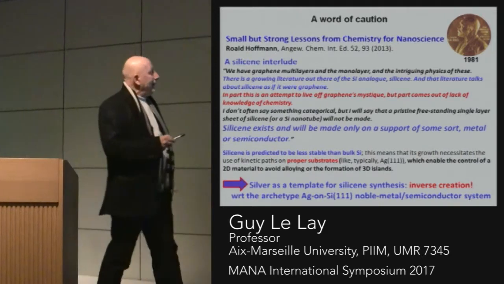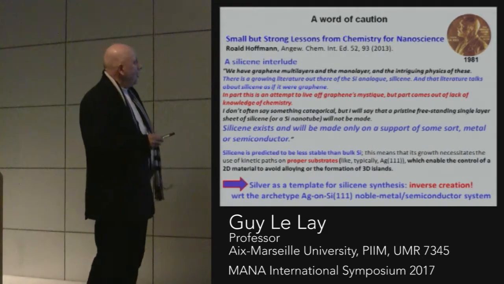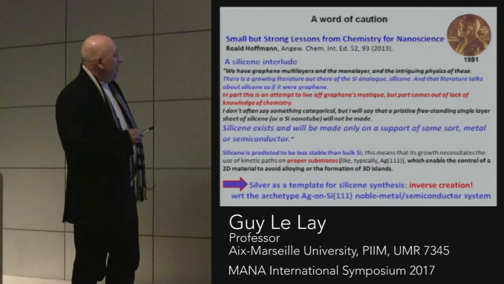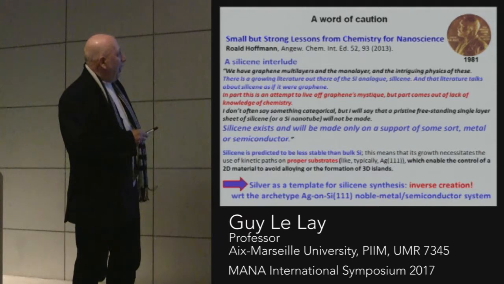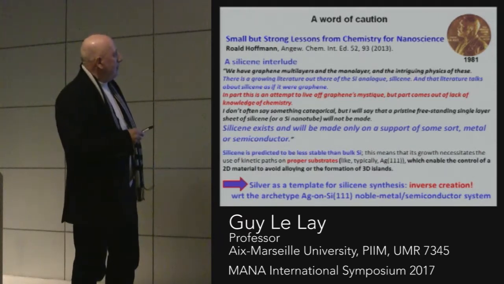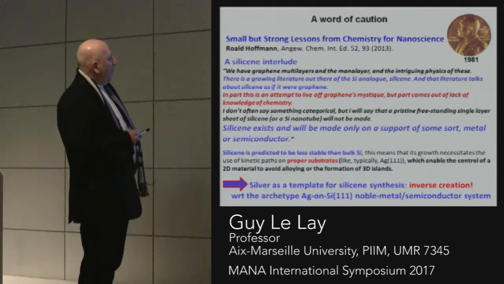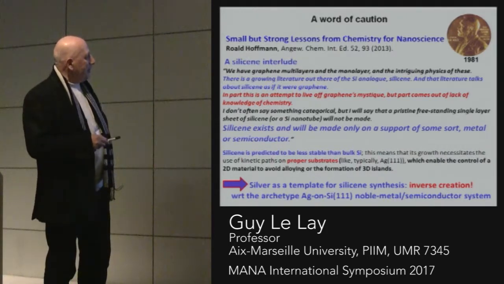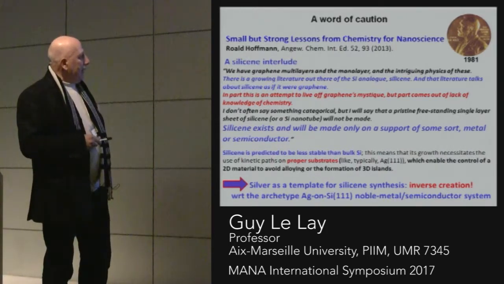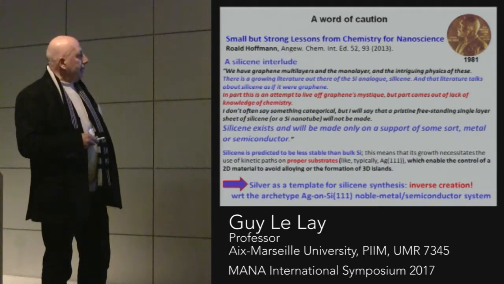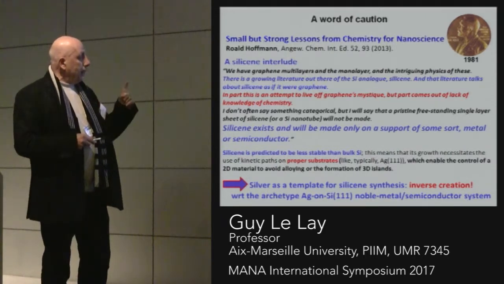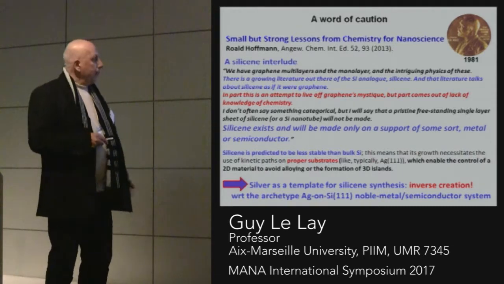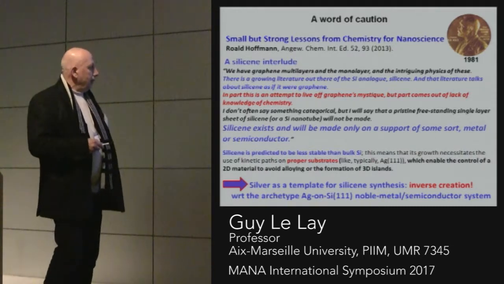I like this paper very much. I recommend you read it, at least the students. In this paper on nanoscience, Roald Hoffmann, a Nobel laureate, has a silicene interlude. It's an interesting story, but from theory, he thinks that silicene exists but will be made only on some support, metal or semiconductor.